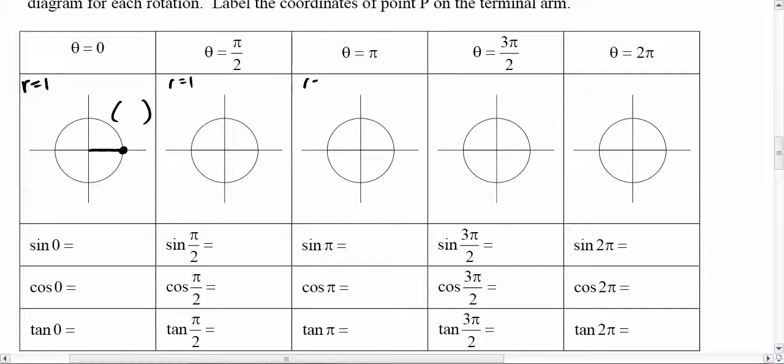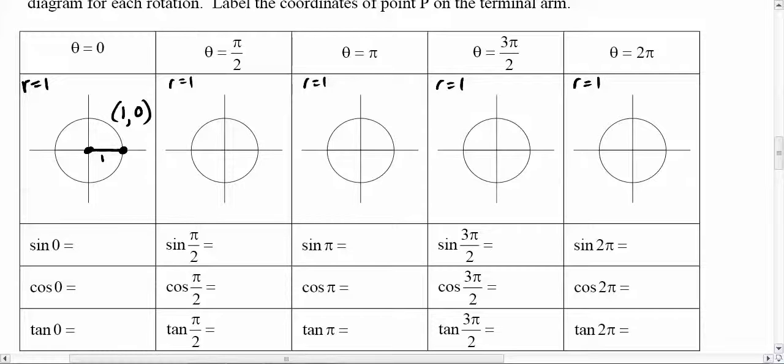These are all unit circles. So do you know what the x-coordinate is at that point? It's 1, because I'm 1 away from the origin. And how high am I? So I'm not high at all, I'm 0.